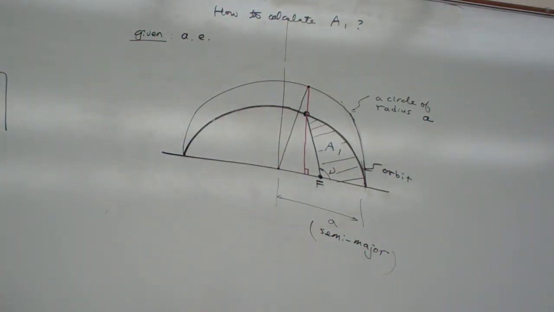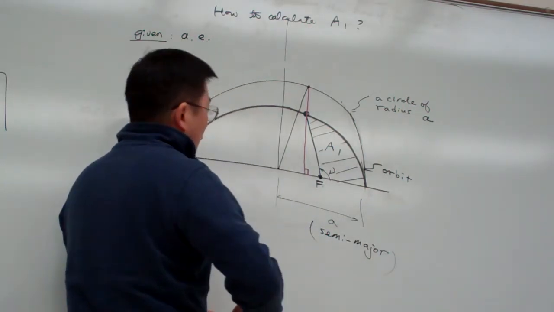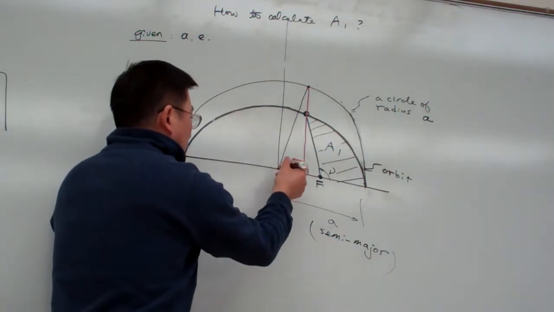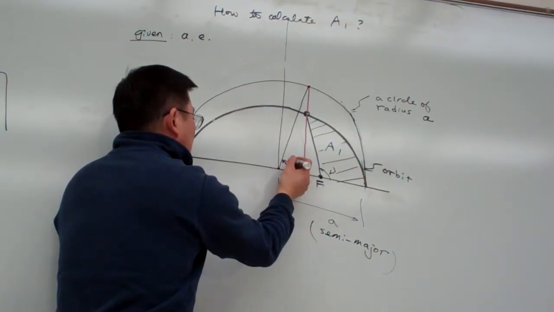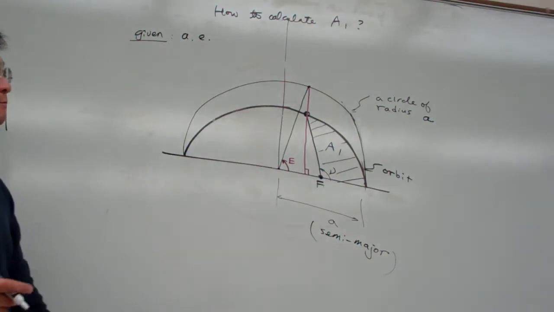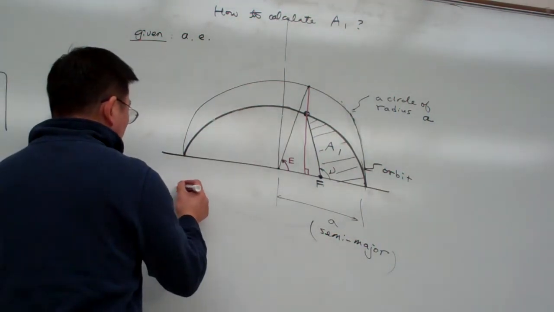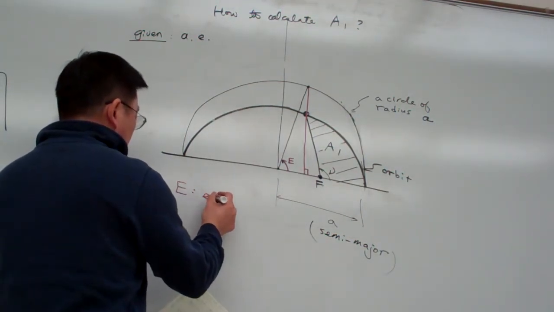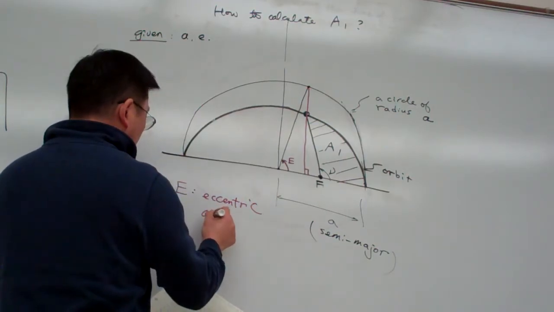From here, we can do something. Under this case, I simply use our textbook notation. The corresponding angle here, the textbook uses E. And E has a name: the eccentric anomaly.